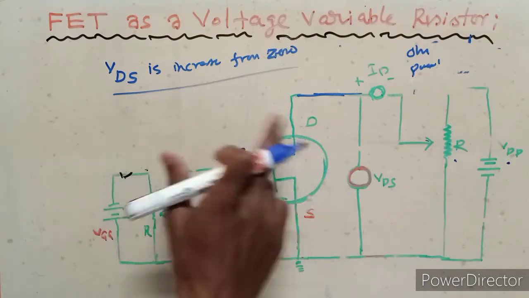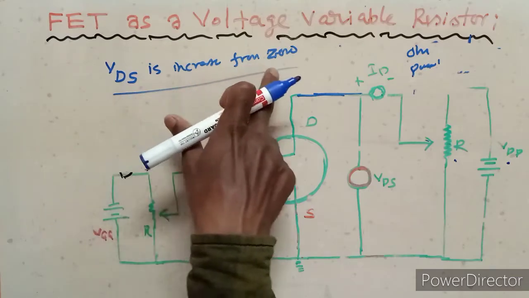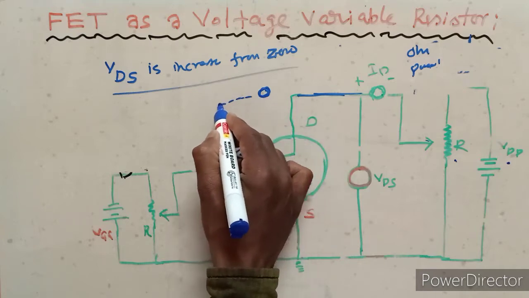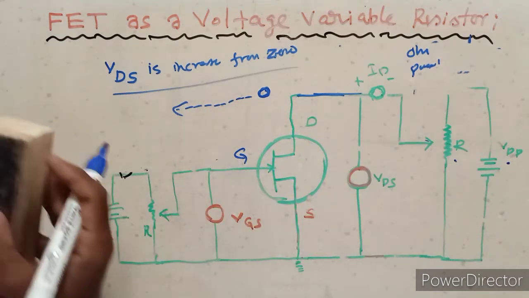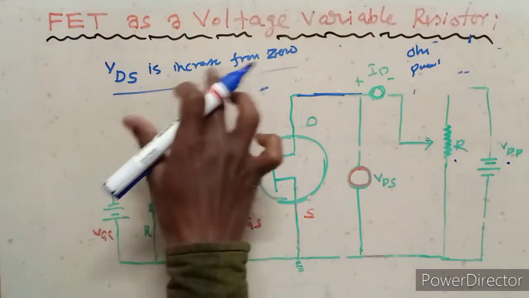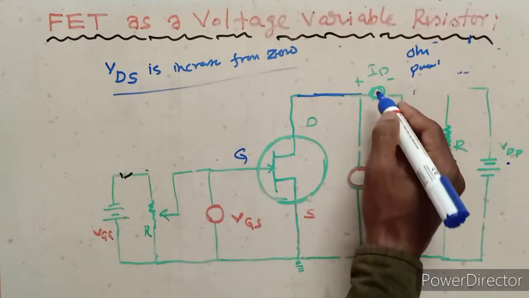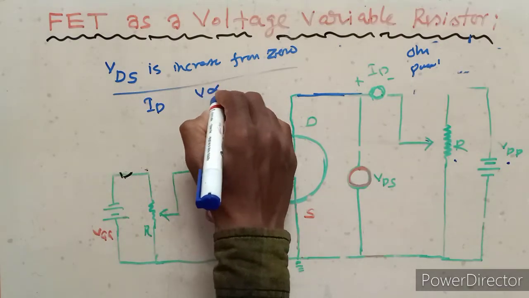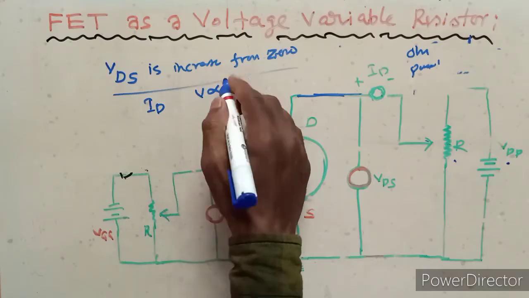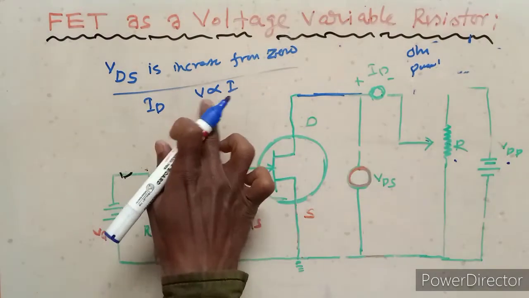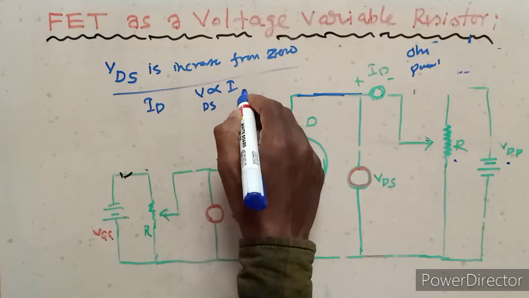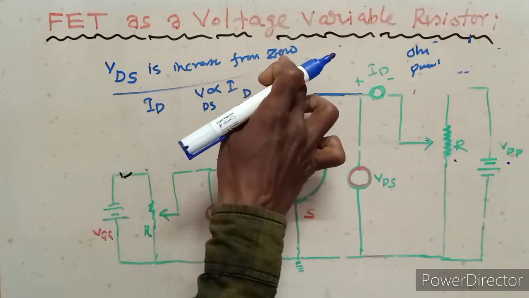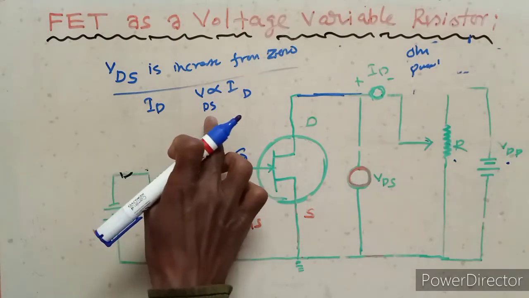So VDS is increased from 0, then drain current also increases. Because voltage is directly proportional to current, VDS is directly proportional to ID. So if VDS is increased from 0, drain current increases.